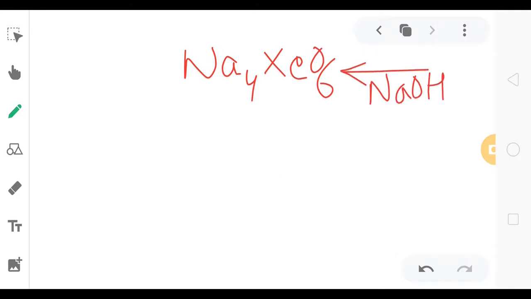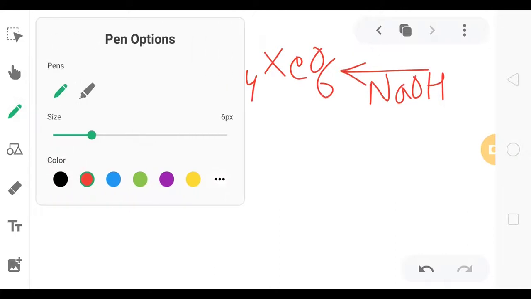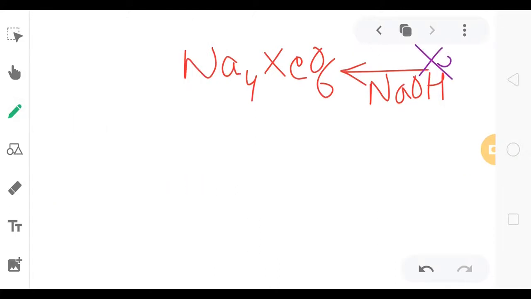You can also get the same if you are having xenon hexafluoride. You can do the same reaction of xenon hexafluoride by putting an excess amount of base, that is NaOH. You will end up with your Na4XeO6 and xenon.